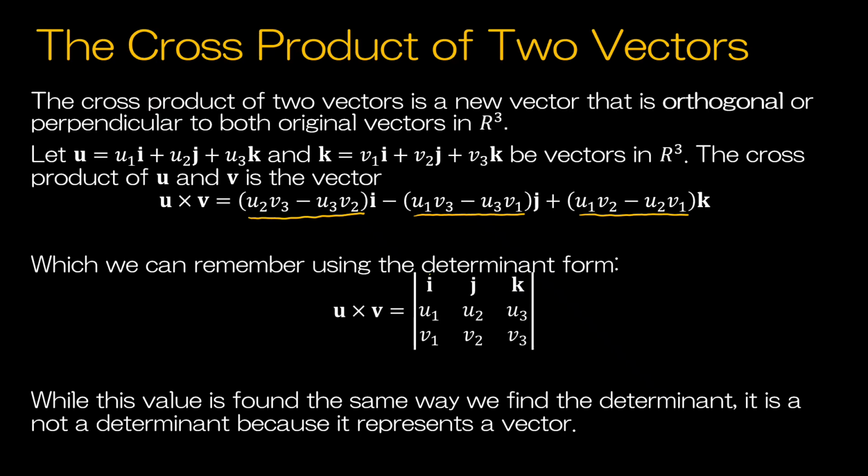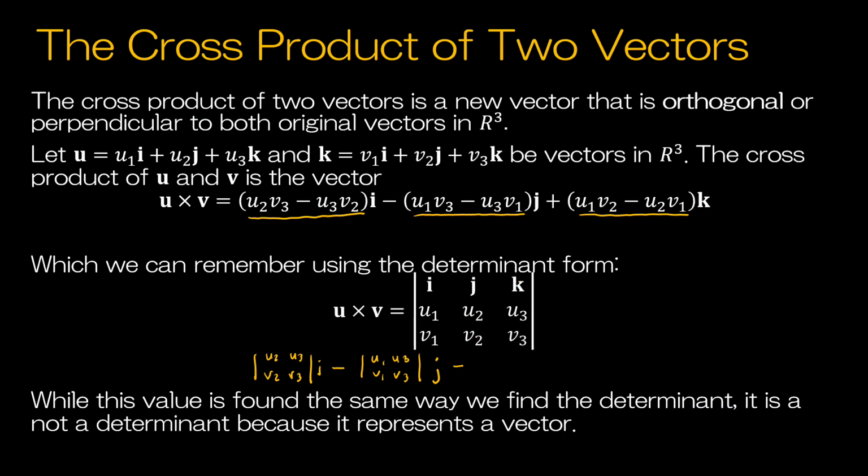If I think about cofactor expansion on i, that gives me i times the determinant of u2, u3, v2, v3. And then minus, and again, cofactor expansion, we're just using that first row, so I'm going to have the determinant of u1, u3, v1, v3 multiplied by j.